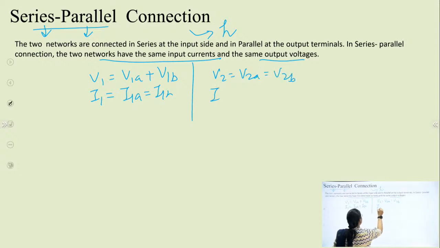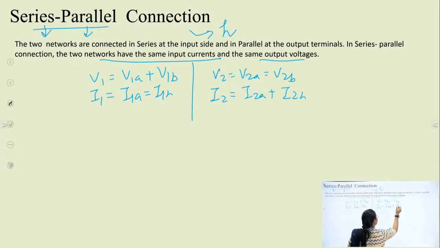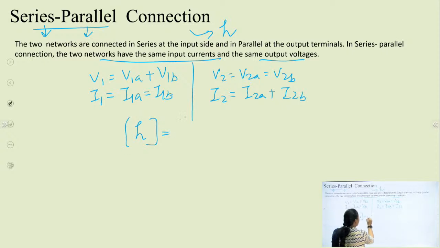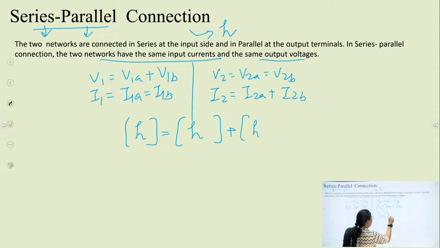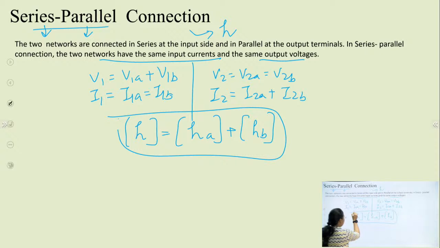And the current I2 will be the summation of the two currents of the two networks, I2A plus I2B, okay? And when we use these relations, the final output for H parameter again will be the summation of the parameters of the network A and the network B. So this will be the output for the H parameter for series parallel connection.